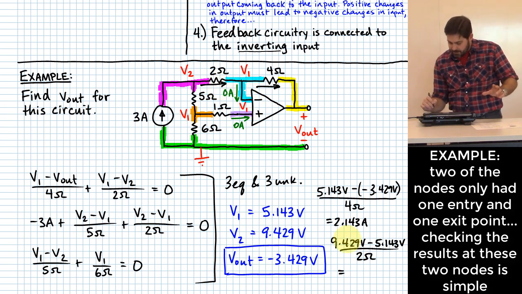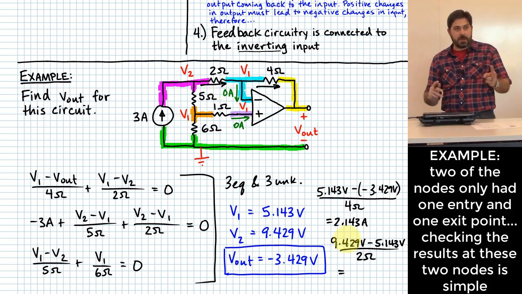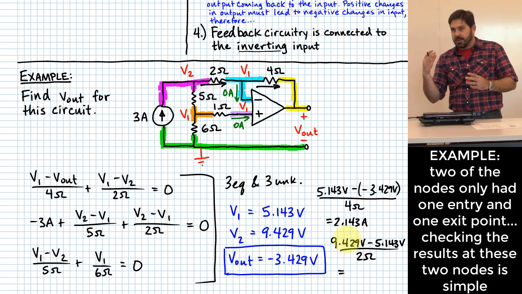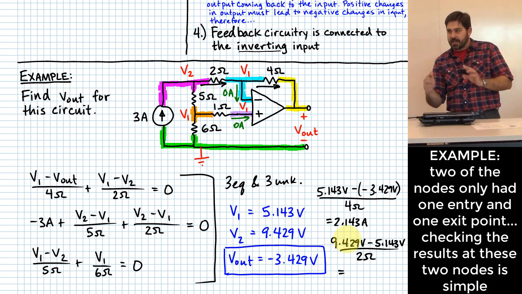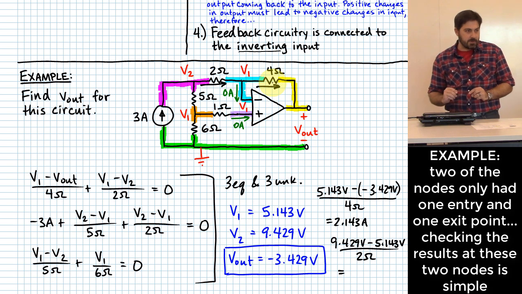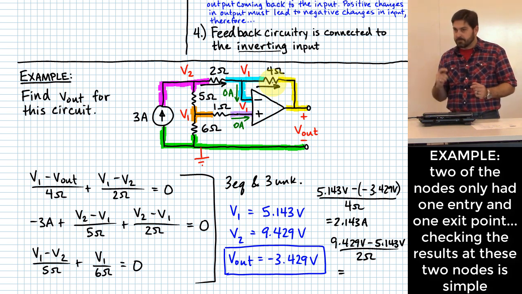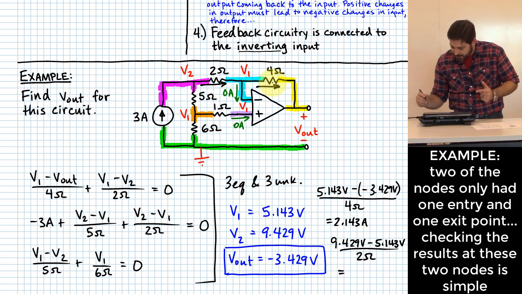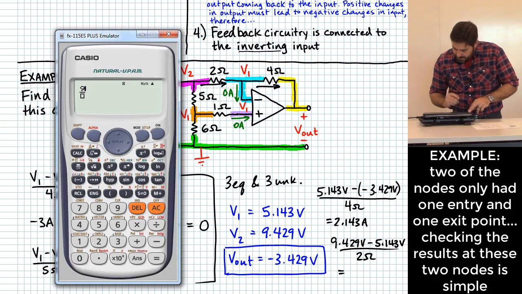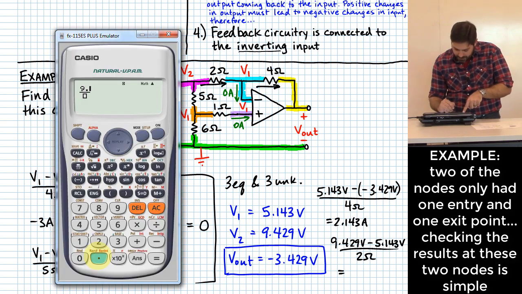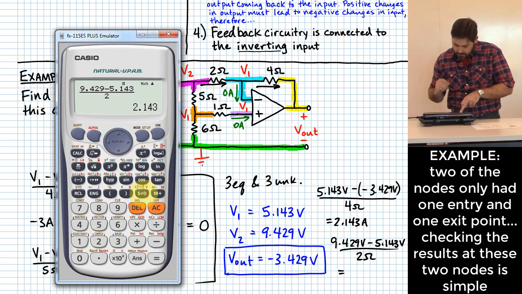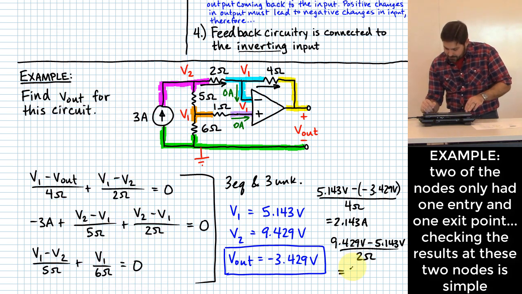So I think there was some concern that I did the voltages backwards, and I can see that, but I did them that way actually on purpose so that I could get these two currents to flow the same direction so we'd end up with the same number. Okay? Good catch on that anyway. All right, so we have 9.429 minus 5.143 over 2 ohms, 2.143 amps.